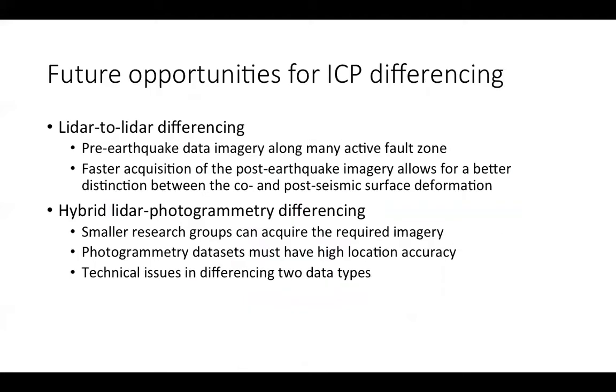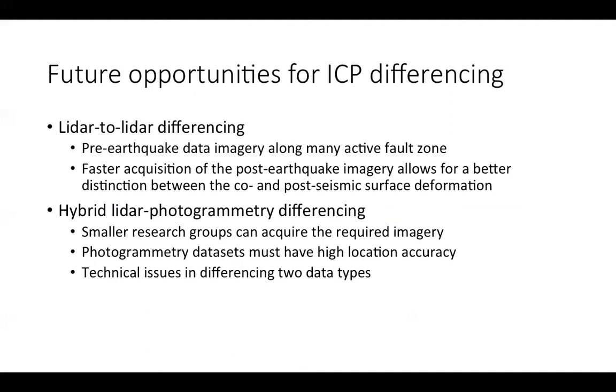And so what can you do? Well, we're going to spend the rest of the afternoon talking about that. But here's two large opportunities for ICP differencing. So first is Lidar to Lidar. And for this, we require pre-earthquake data, which is already acquired along many active faults. For example, the B4 and EarthScope data on the San Andreas.